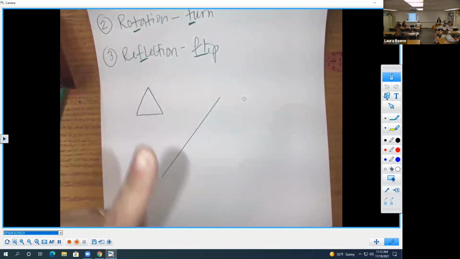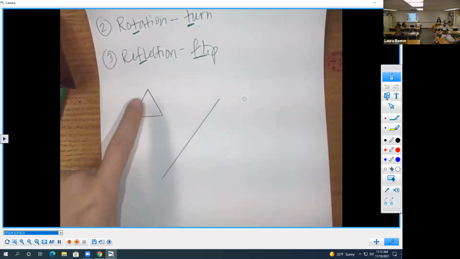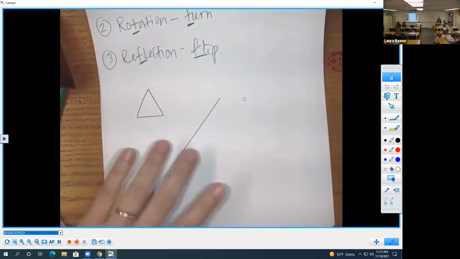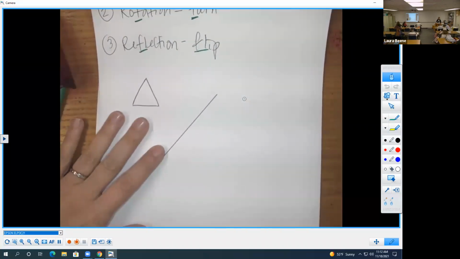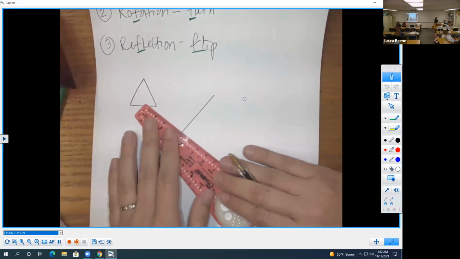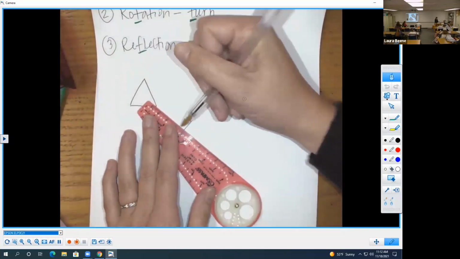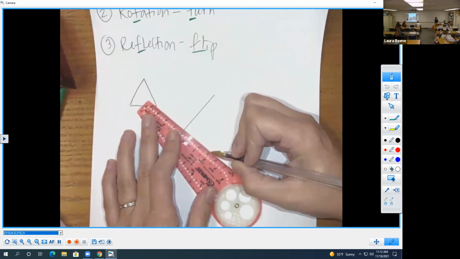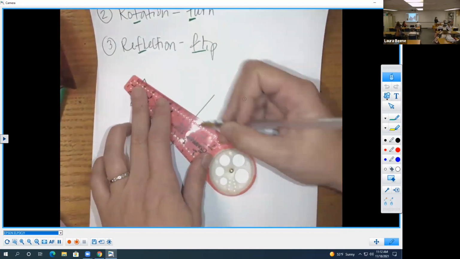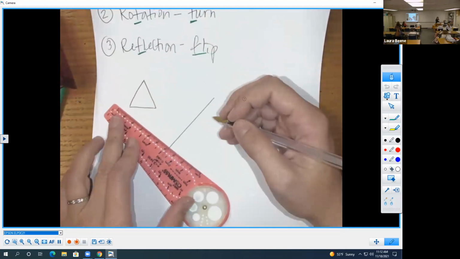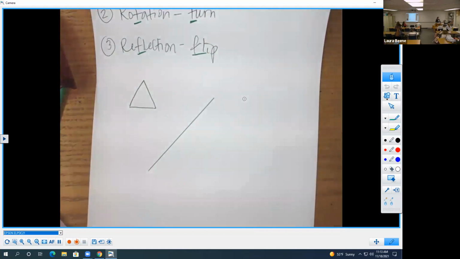What we're going to do is reflect this triangle across the line. If you wanted to really make this perfect, you'd have to get a ruler out and measure how far this vertex right here is from the line, and then go past it over here, and then the same thing over here, the same thing over here. Would you agree that would be kind of a pain in the butt? That's what this mirror is for.